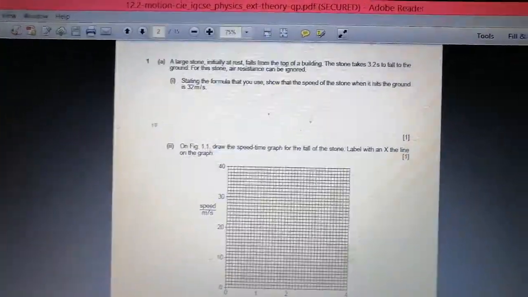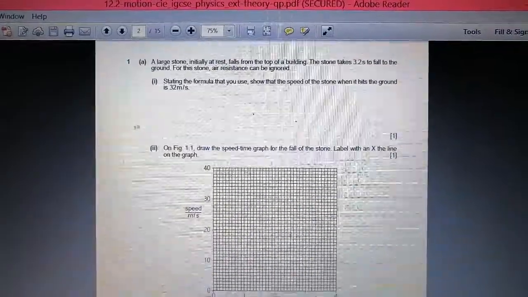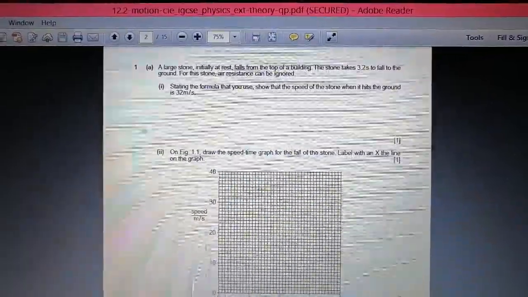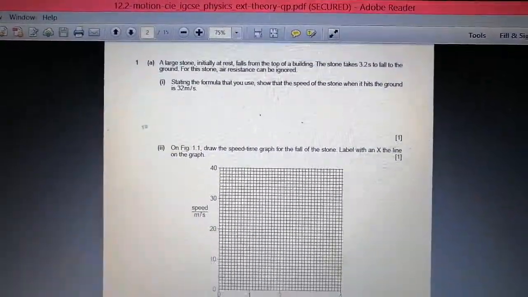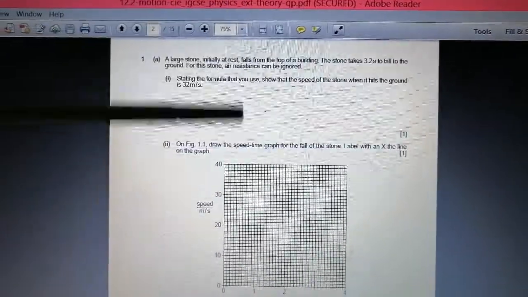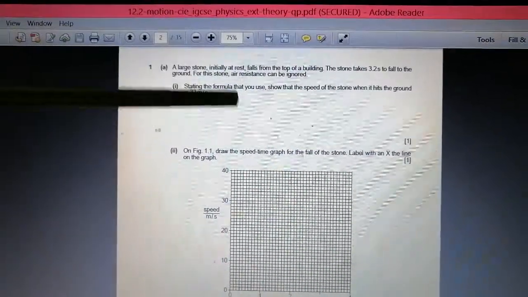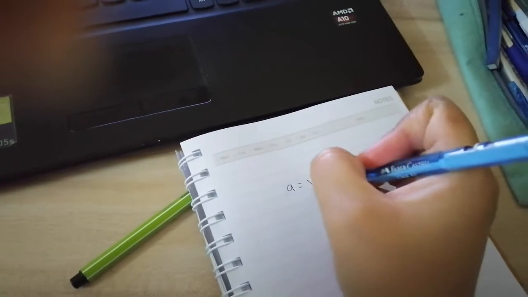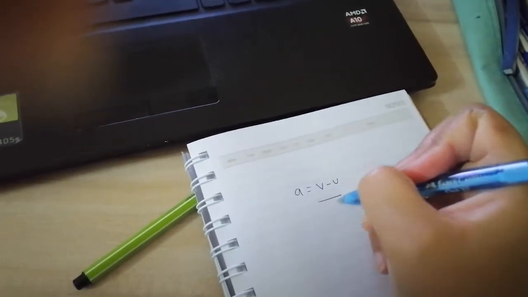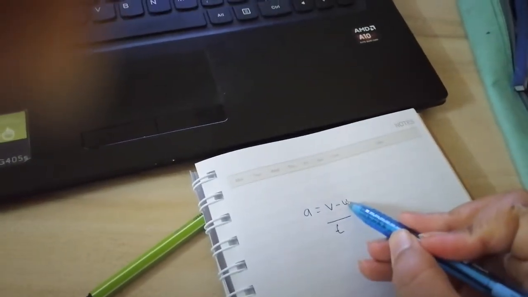Number 1. State the formula that you use, and show that the speed of the stone when it hits the ground is 32 meter per second. This one is no calculation, it's just to show how you got the speed of 32. We use the formula a equals v minus u over t. u is 0 because the stone is initially at rest.